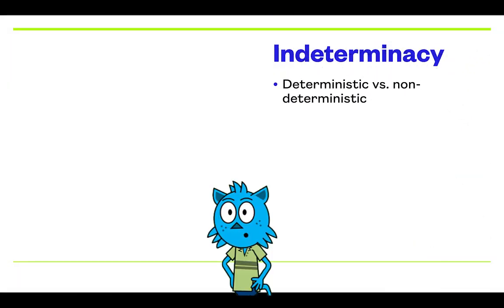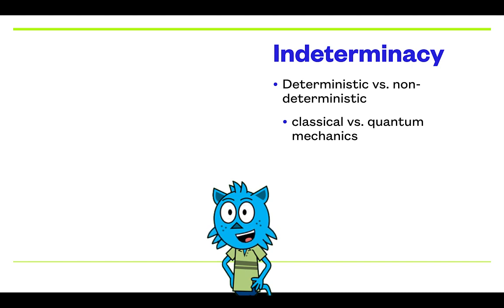Let's look at this idea of indeterminacy. So things can be deterministic versus non-deterministic. Basically, it means, do we know something for sure or do we not? And you can put it in terms of classical mechanics and quantum mechanics.